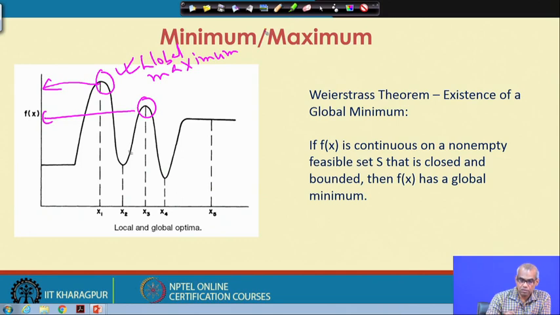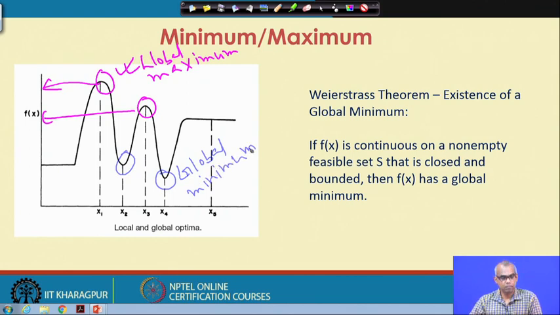These are local minimum and this is the global minimum. So, this is a multimodal function showing several local and global minimal and maximal points.